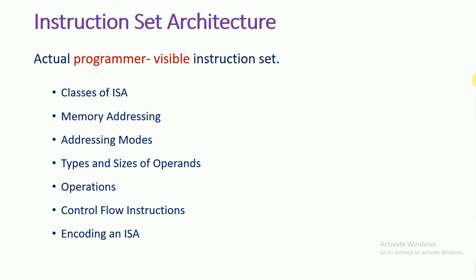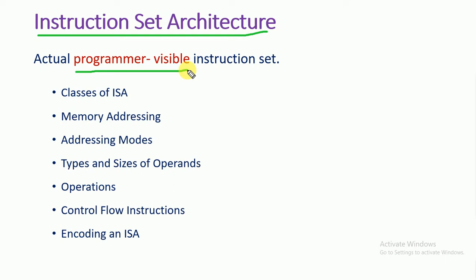First one is instruction set architecture, which is the major part of the computer system design. Instruction set architecture deals with the programmer-visible instruction set, because the instruction that comes in between the user and the system is actually in the form of an assembly language instruction.